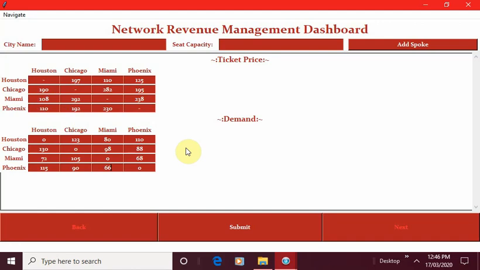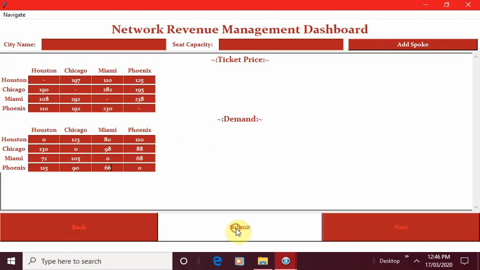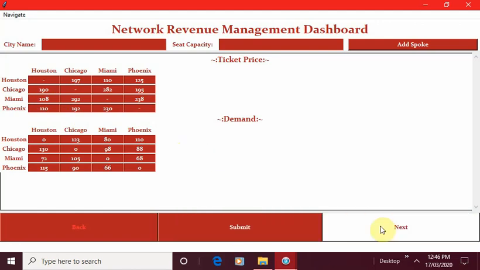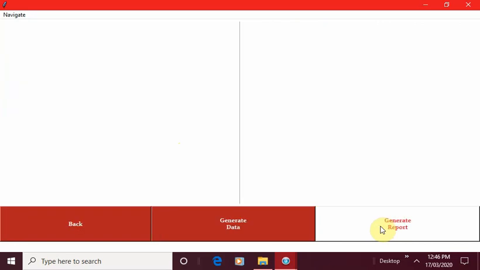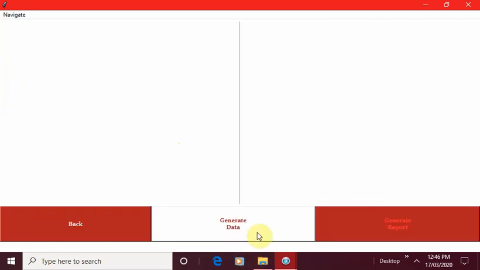So when we submit it and move to the next screen, we will generate the data and get the allocations, the number of seats to be allocated for each flight, for each route. So generate data.